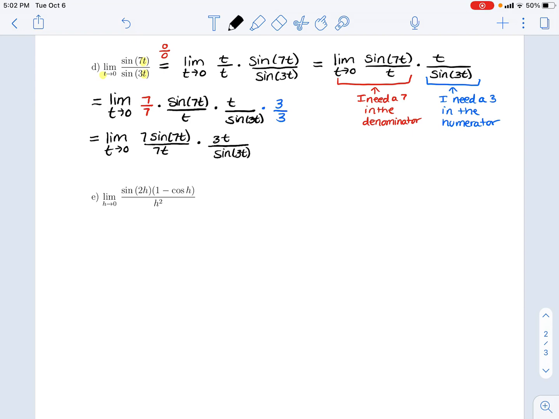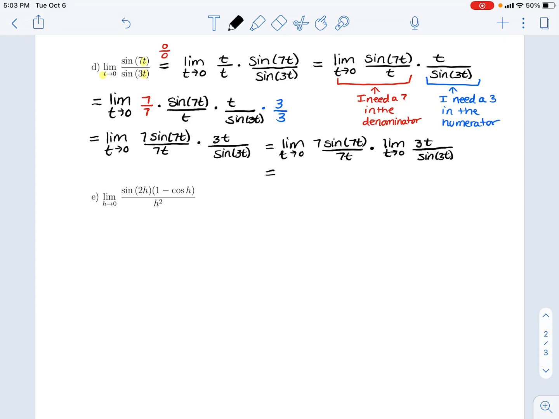Okay, so now what you want to recognize is that using the product of limits property, I can say that this is equal to the limit as t approaches 0 of 7 sine of 7t over 7t times the limit as t approaches 0 of 3t over sine of 3t. Okay, and so now I'm almost done here.